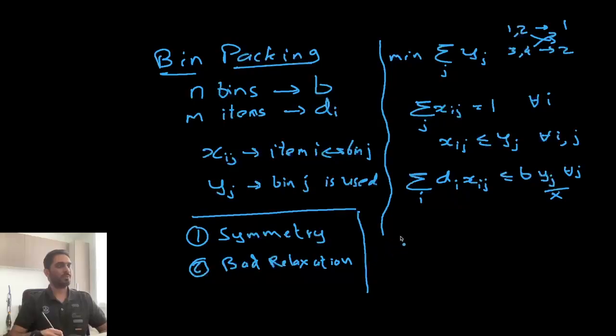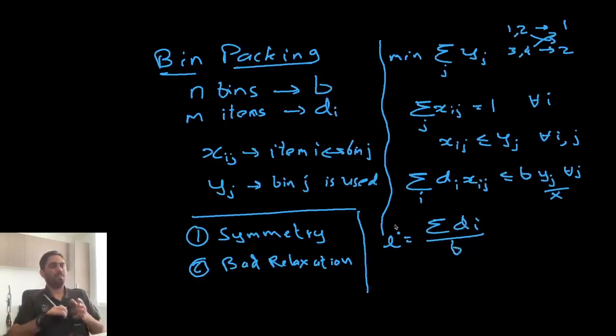If you just assume that these items are all liquid items, you can break one item into two parts and put half of that item or 1/3 of an item in a bin, even if it doesn't fit completely. In that case, it should not be very hard to realize that the lower bound, let's call it L, should be the sum of all di divided by b.